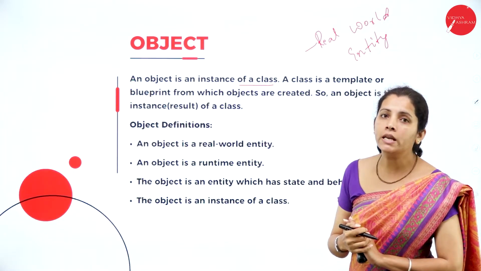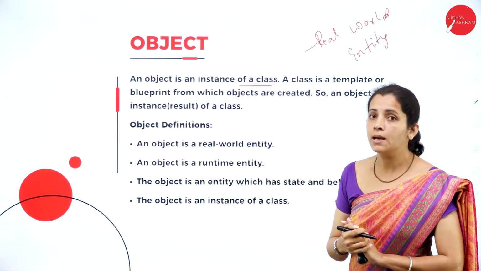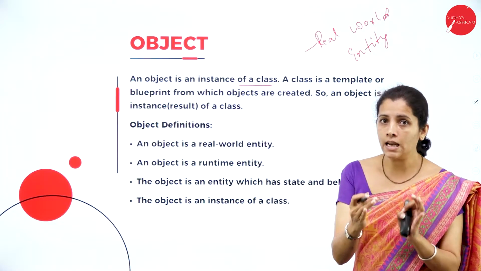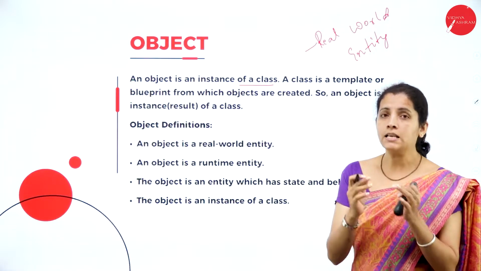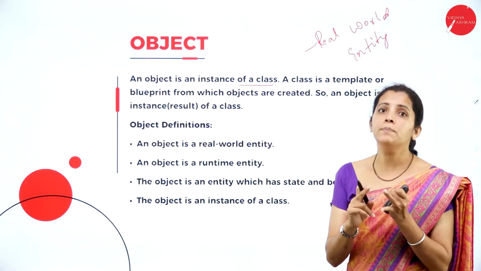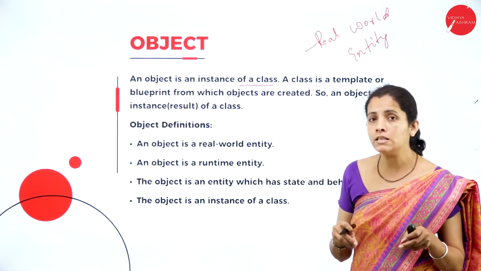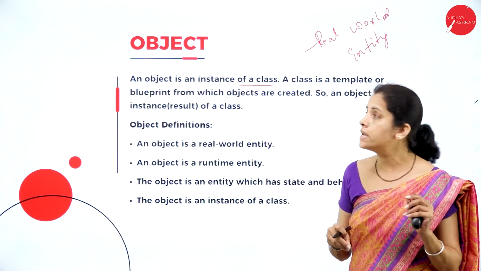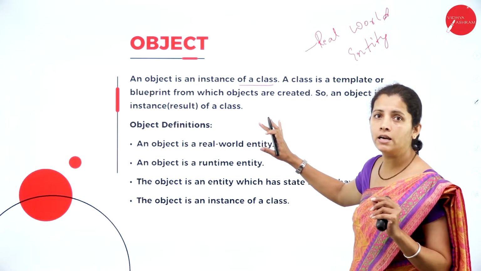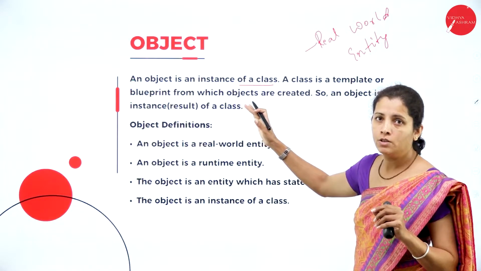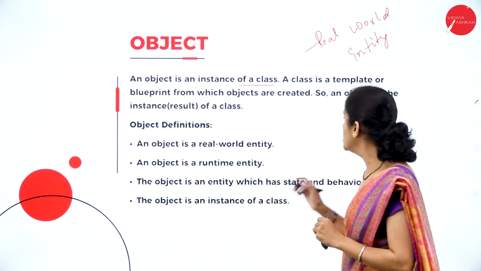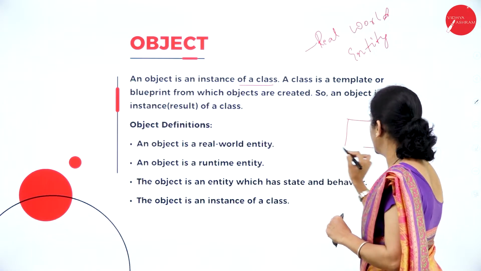Why do I want to create an instance here? Suppose I consider the class; in my class I have fields and methods. Now if I want to access methods and fields, then what do I require? I require an object.